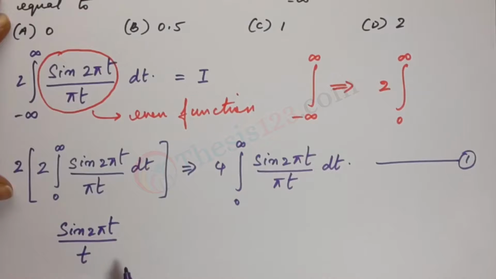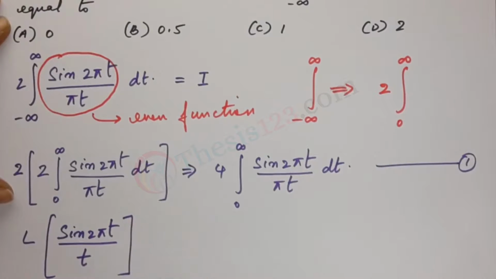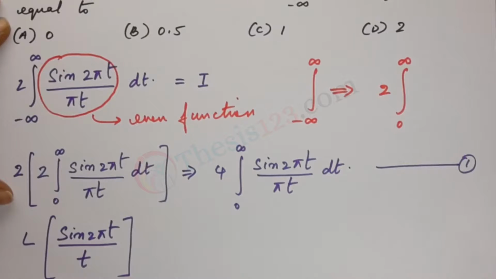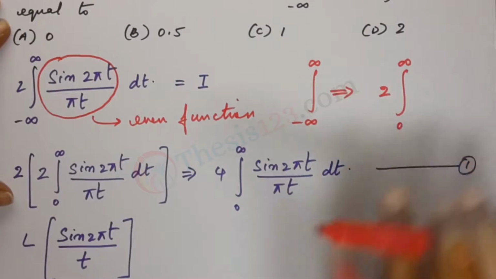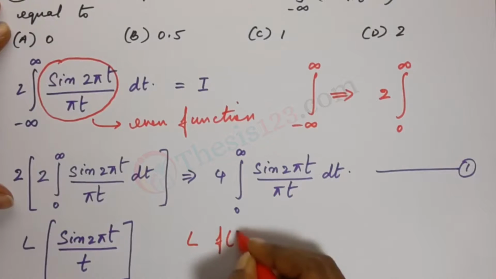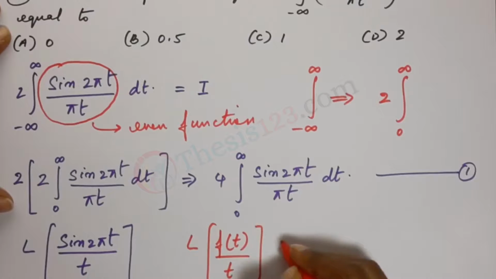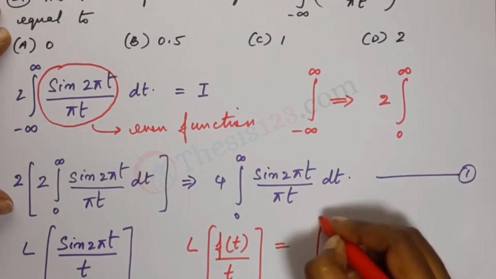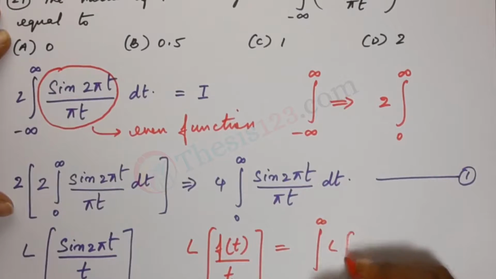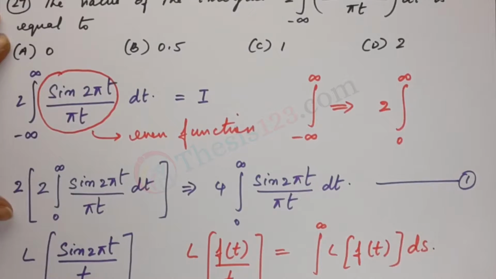So we are going to find the Laplace transform of this. Now recall the formula: Laplace of f of t by t is equal to the integral from s to infinity of Laplace of f of t ds.